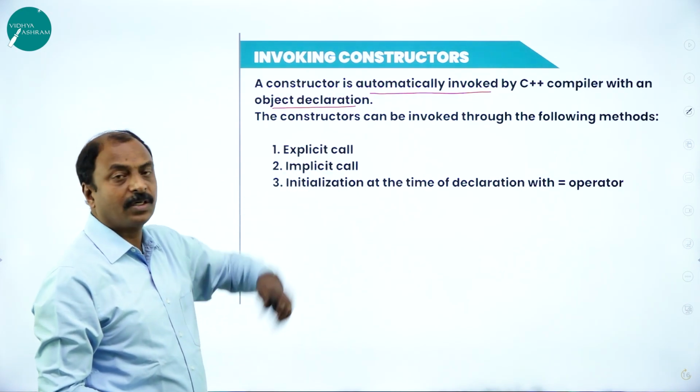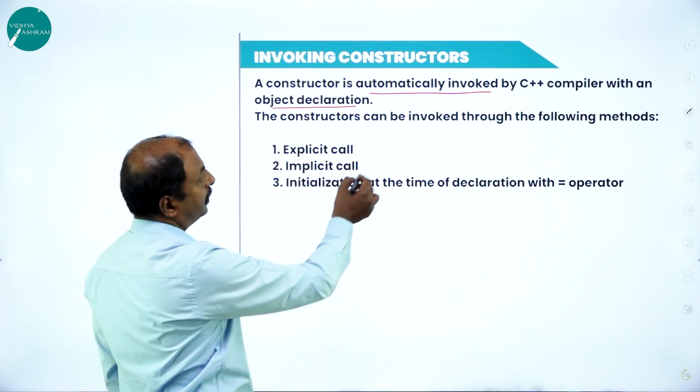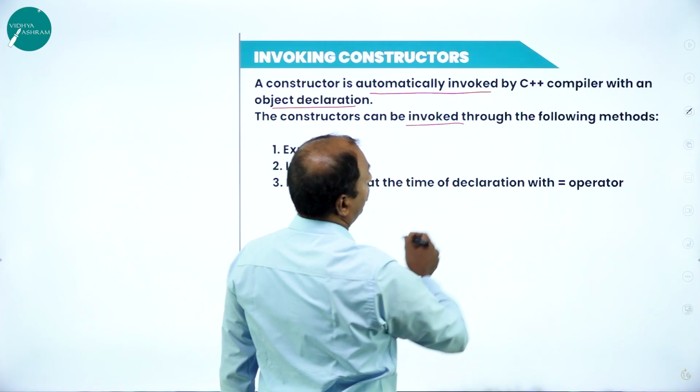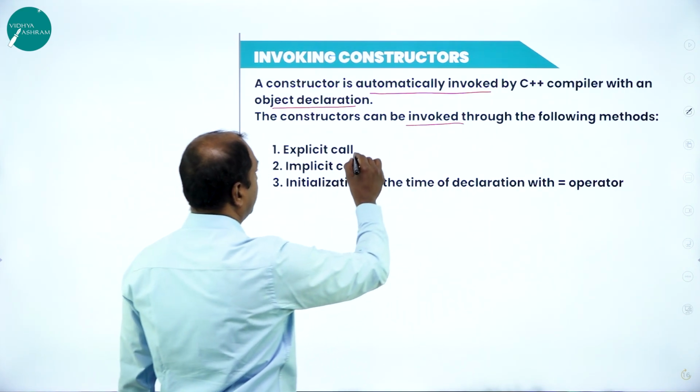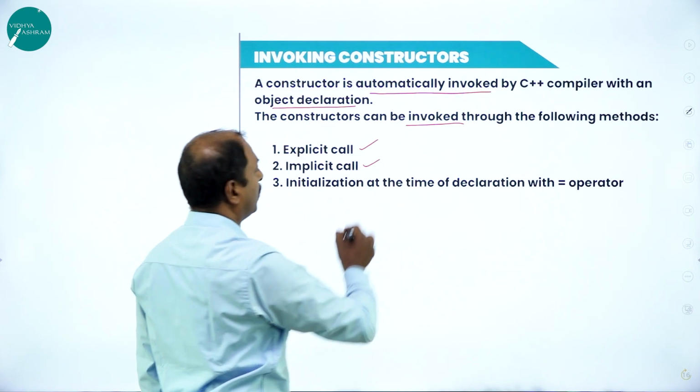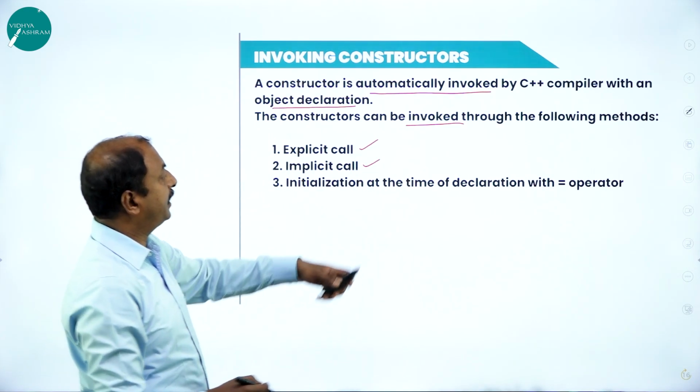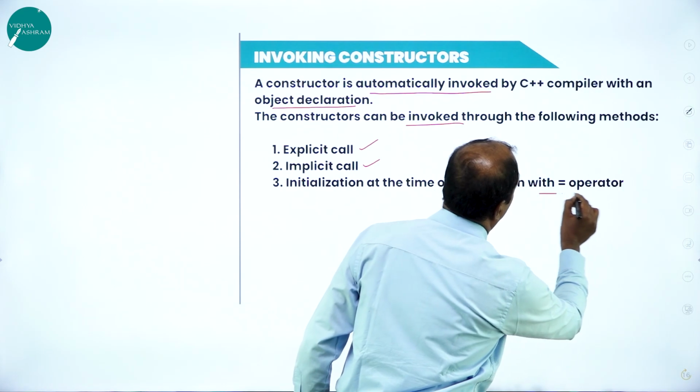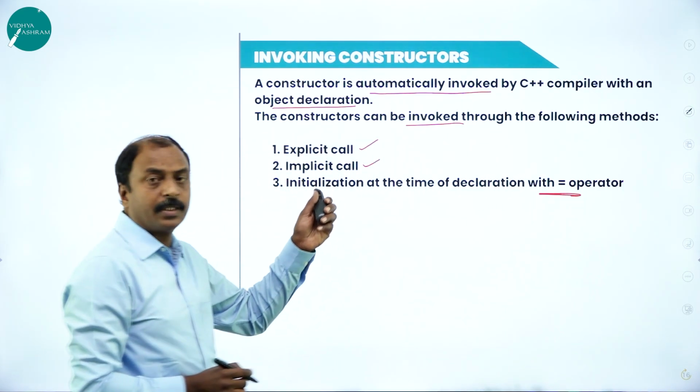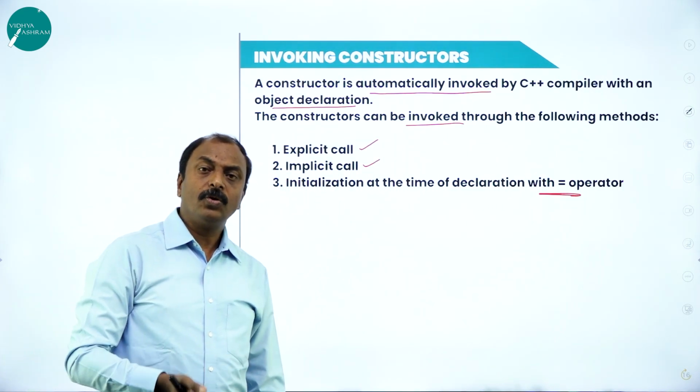It can be invoked by the following methods: explicit call, implicit call, and initialization at the time of declaration with the equals operator. So there are three methods by which we can invoke constructors.